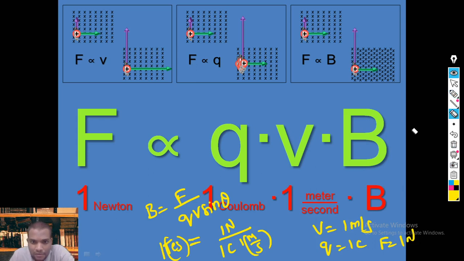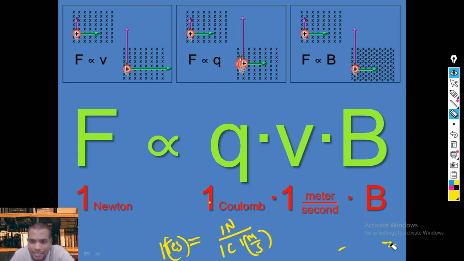So this formula, F equal to BQV sin theta, gives a very easy definition for the magnetic field. Here you can get the units: 1 Tesla is nothing but 1 Newton Coulomb inverse per meter inverse.